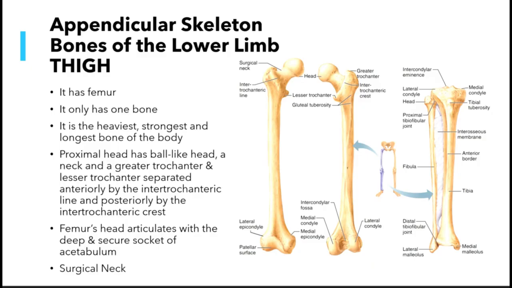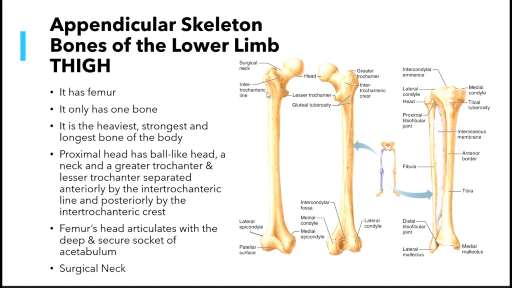So you have the intertrochanteric line, this one, and then the intercondylar elements here.